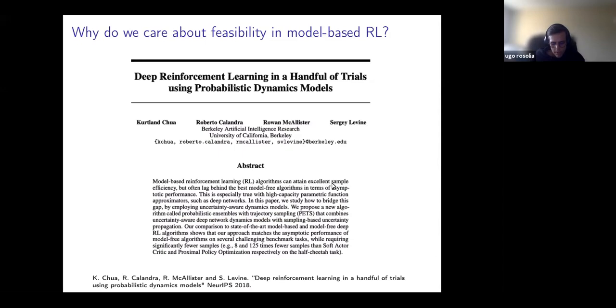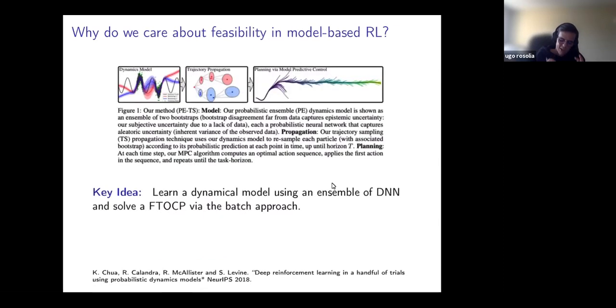Really what this paper showed is that a model-based reinforcement learning strategy can achieve the same asymptotic performance as model-free while requiring significantly fewer samples. So this paper was a big deal when it came out and steered a lot of people's research towards model-based reinforcement learning. I wanted to give you only a very high-level description of what this paper is actually doing.